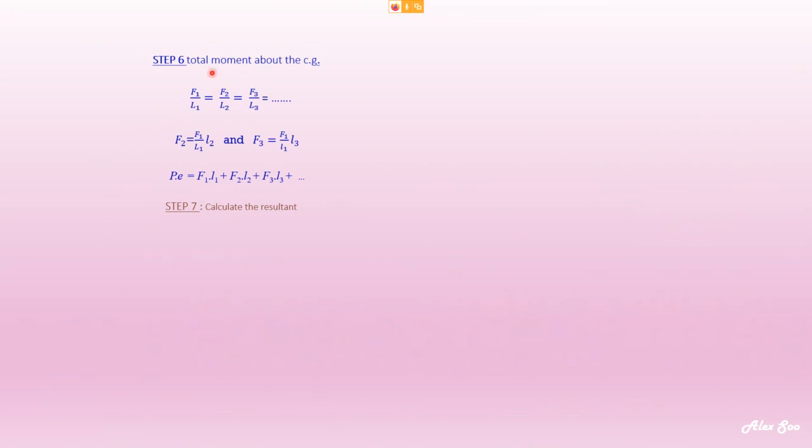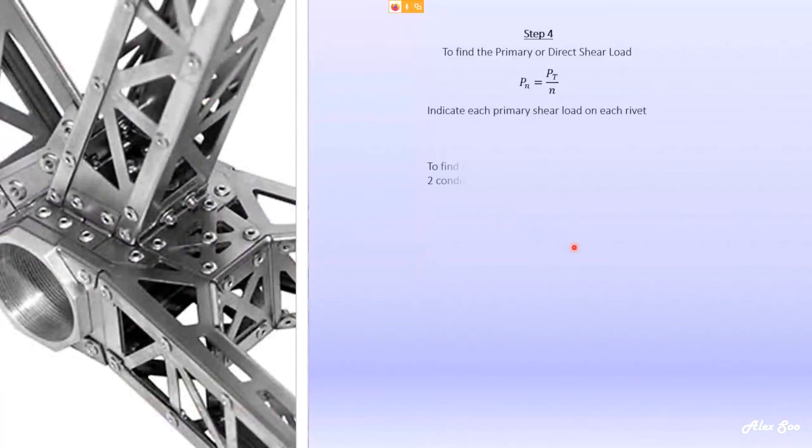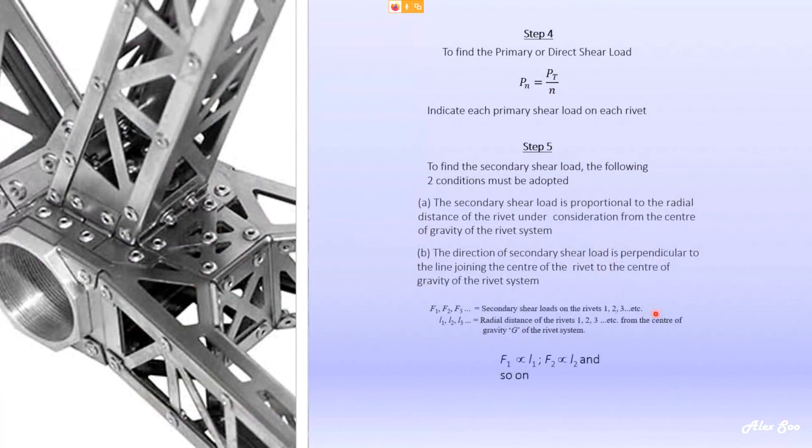So you can see the total moment about the CG. So first thing is, previously from the previous line, we have this. F is proportional to L. F1 is proportional to L1 and so on.